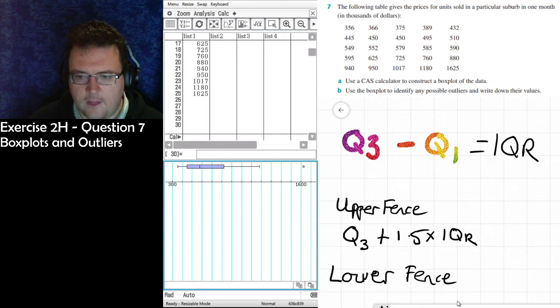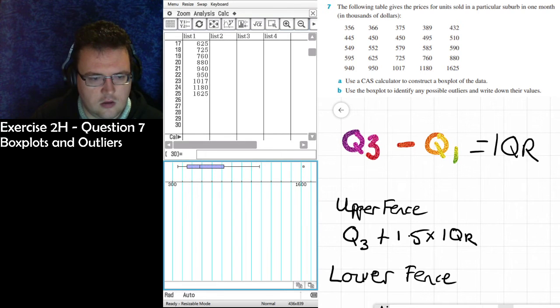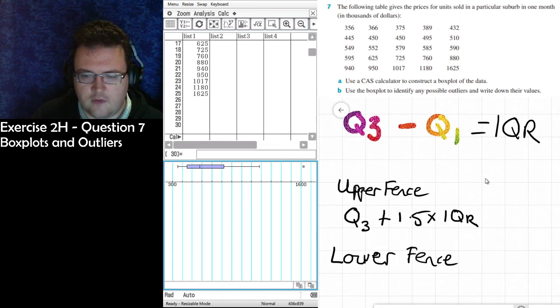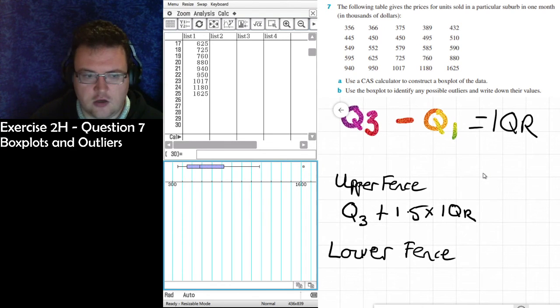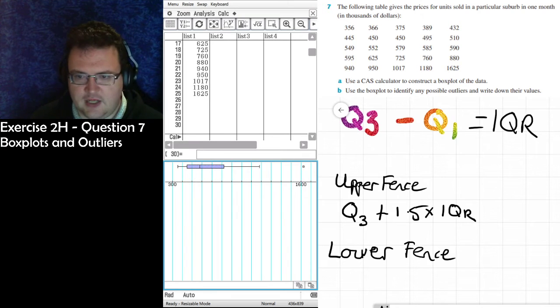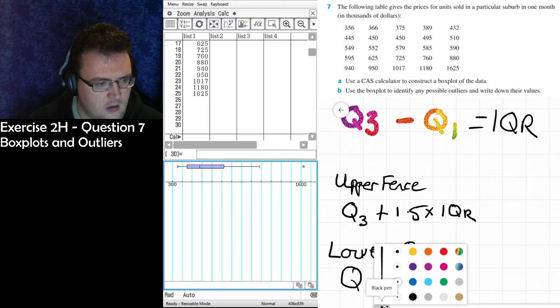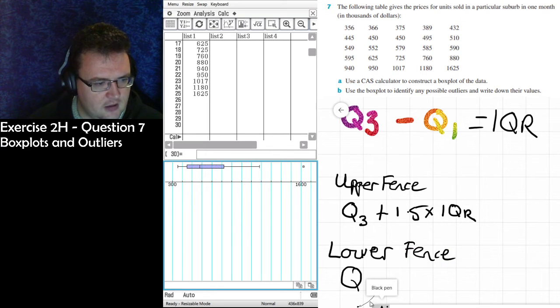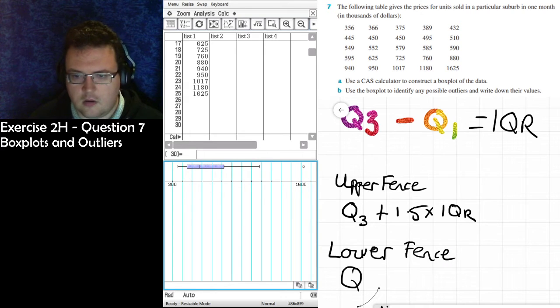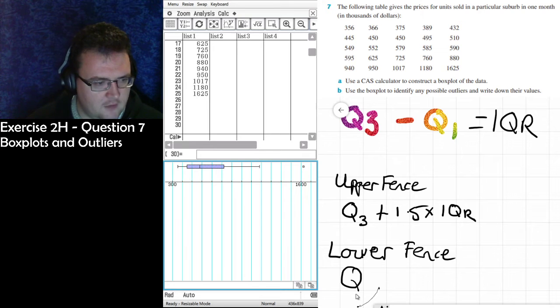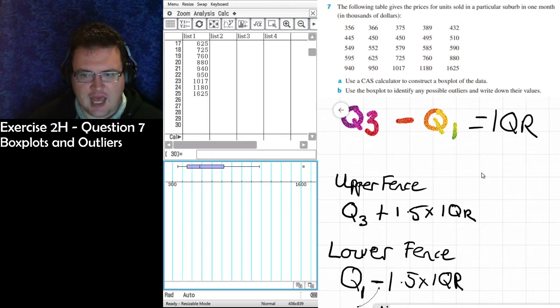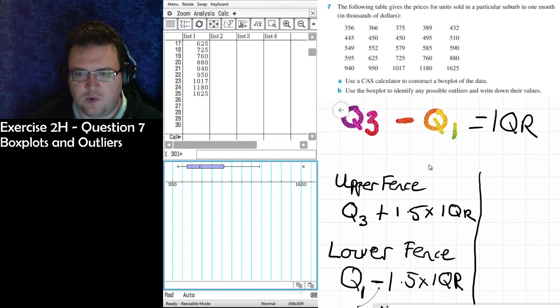That gives us our upper fence value, and our lower fence value is Q1 minus 1.5 times IQR. Yes, I know I'm using a black pen.